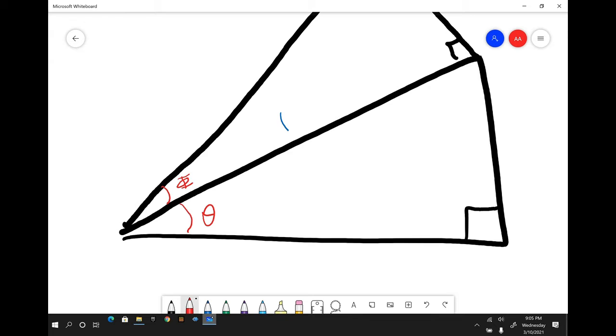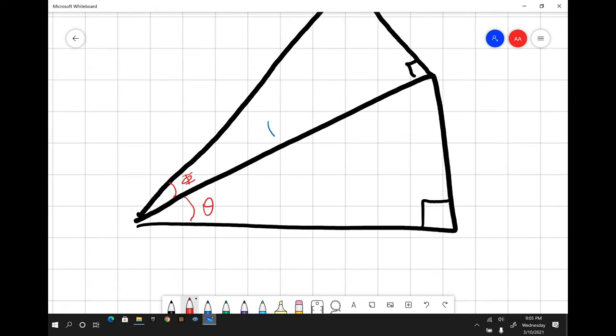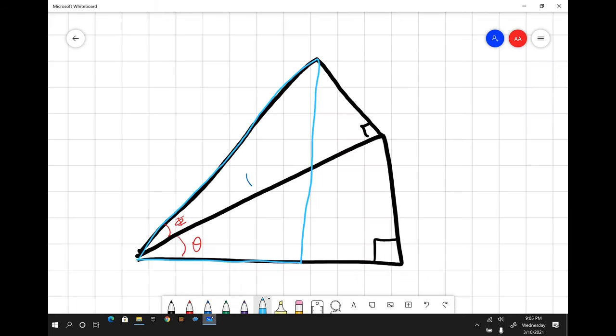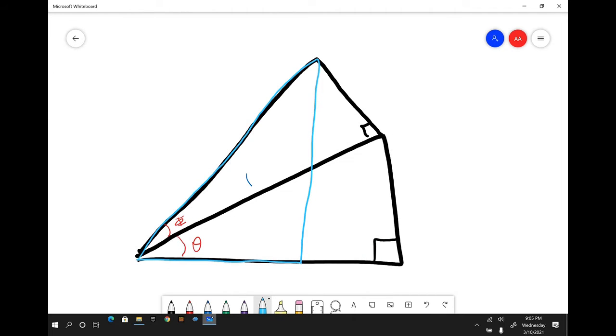So if we were to create a triangle with angle theta plus phi, it would look like this. And I'm drawing it here in blue. So in this light blue color, we can see that this triangle has angle theta plus phi.